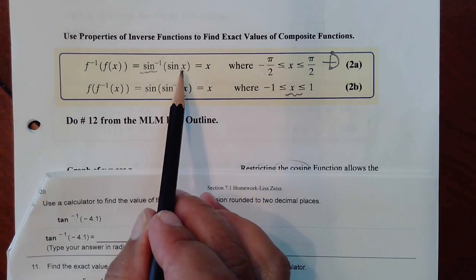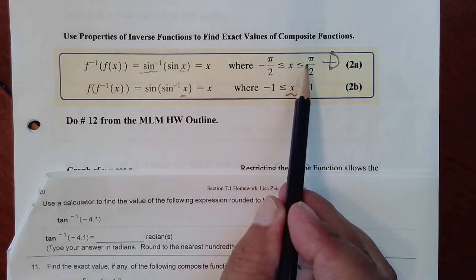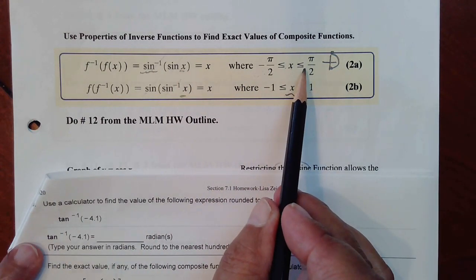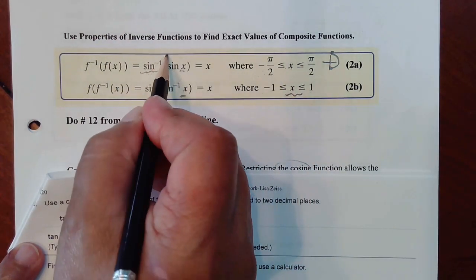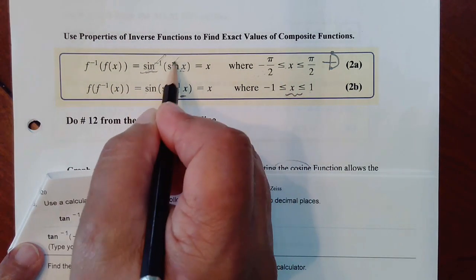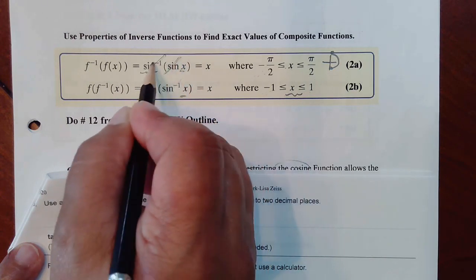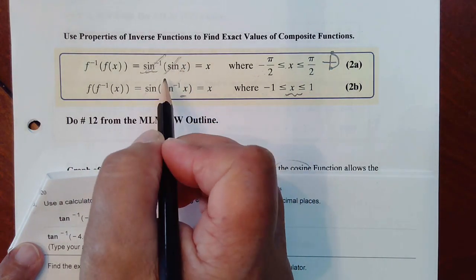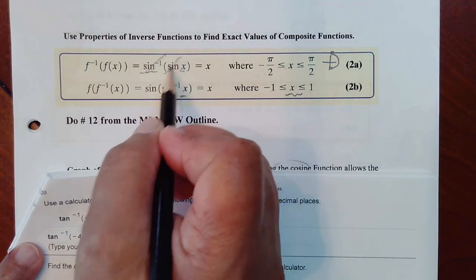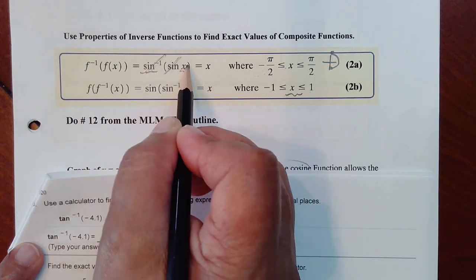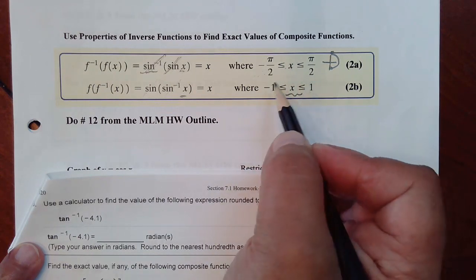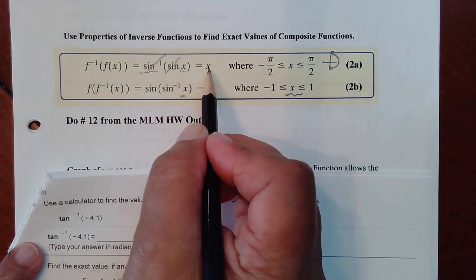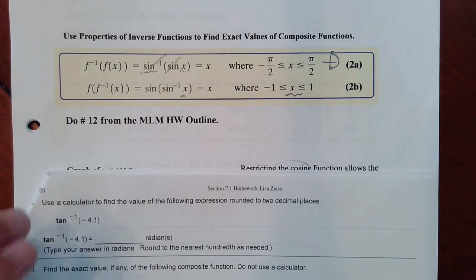As long as that value is between here and here, then you can go on with the problem. Once you get that value right in there, this simply takes this out. They cancel, as inverses are the opposite of the original function. So the answer to the entire problem, once you get the appropriate value right there, something between negative pi over 2 and pi over 2, would just be that value, whatever is here.